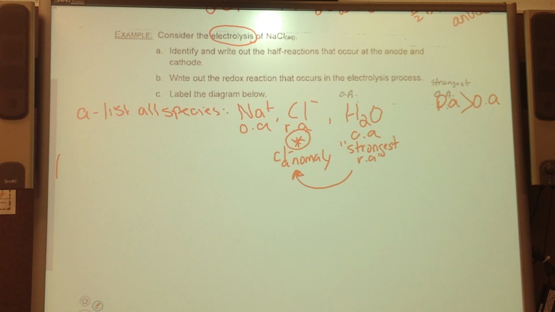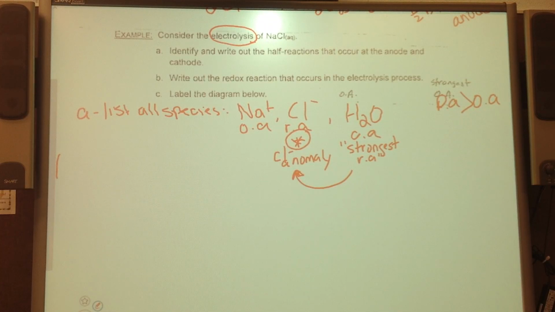Chlorine is at plus 1.36. Correct. So we're looking at that, and then it's sodium. So sodium ion we find at negative 2.71, right? Yeah. And chloride ion we find at plus 1.36.